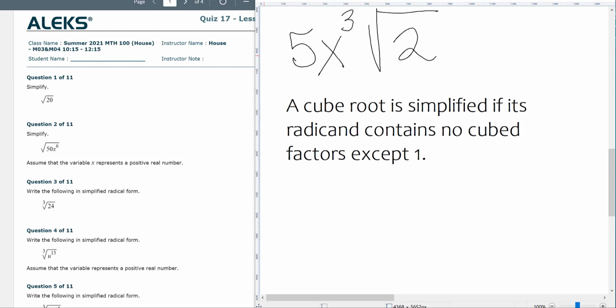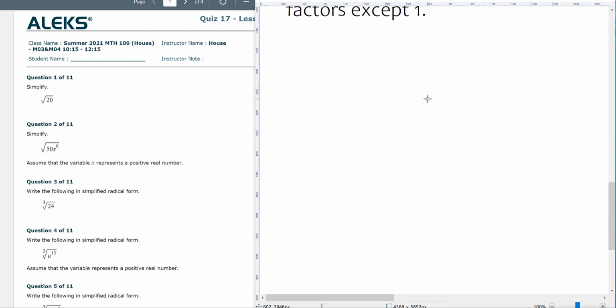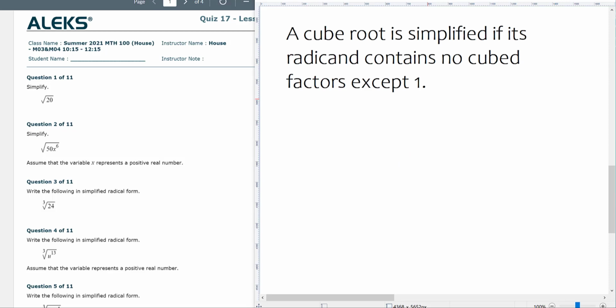Now let's talk about reducing a cube root. A cube root is simplified if its radicand contains no cubed factors except 1. So now we need to know perfect cubes.